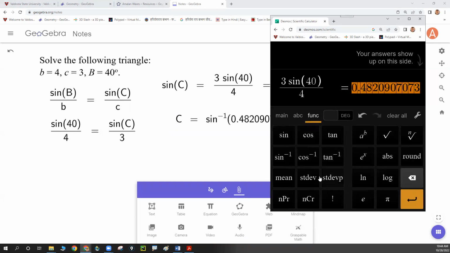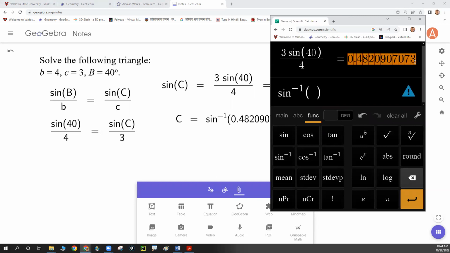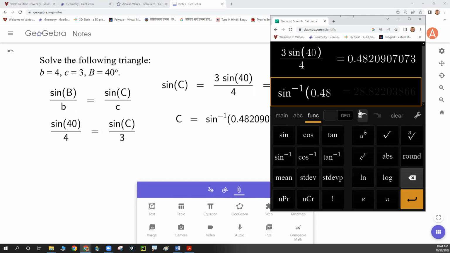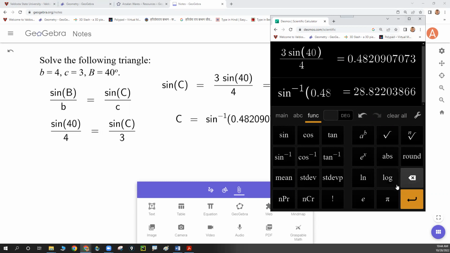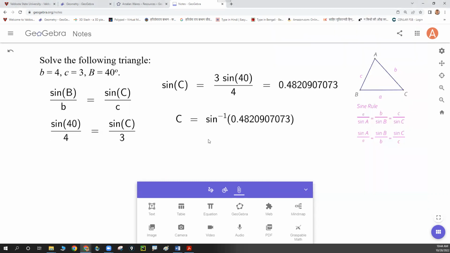We go to functions, we go to sine inverse, take this, and let's see what we get. We get 28.28, if I'm not mistaken. Sorry, 28.82 degrees.